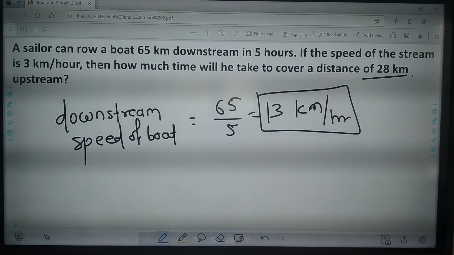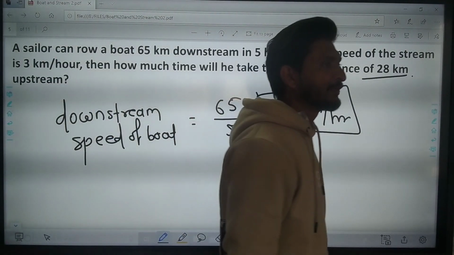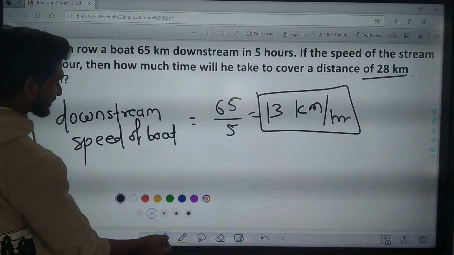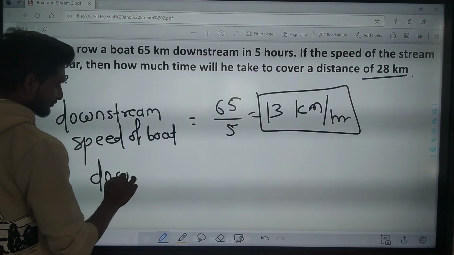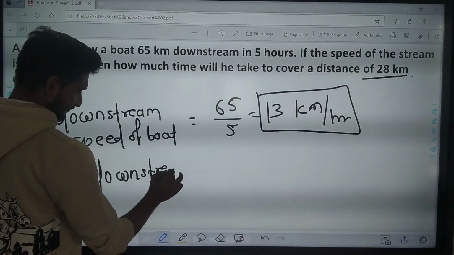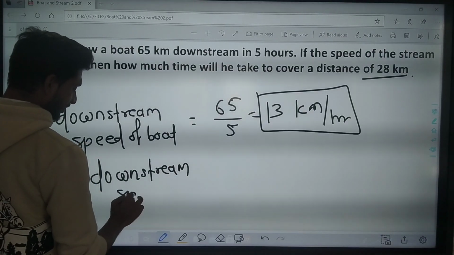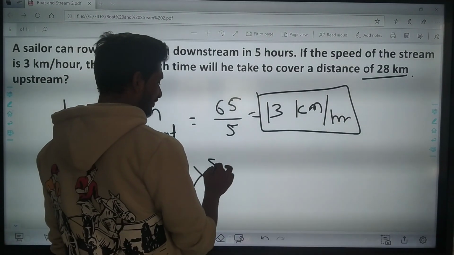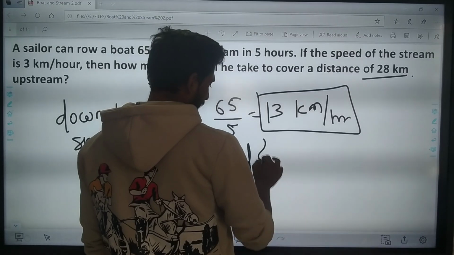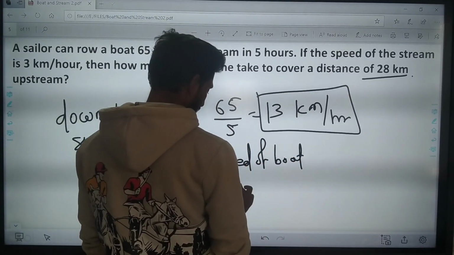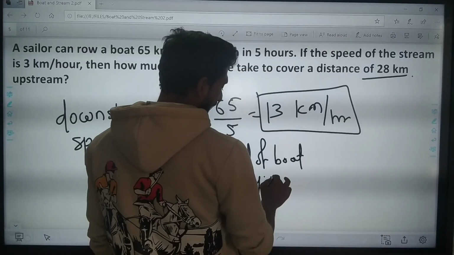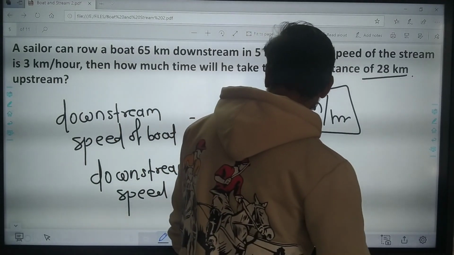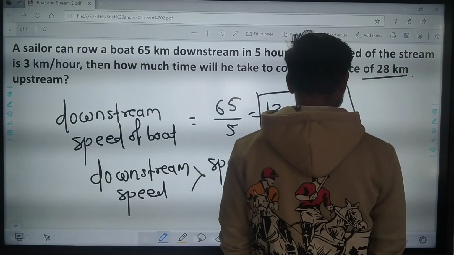Now here we know the relation between downstream speed, speed of boat in still water, and upstream speed. Downstream speed is always greater than the speed of boat in still water, and the speed of boat in still water is always greater than the speed of boat upstream.